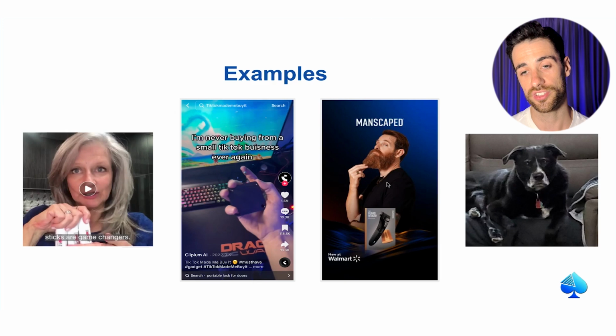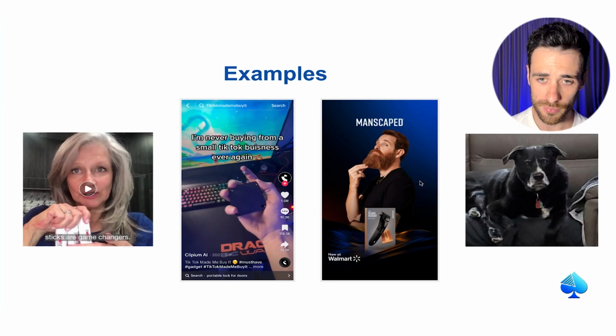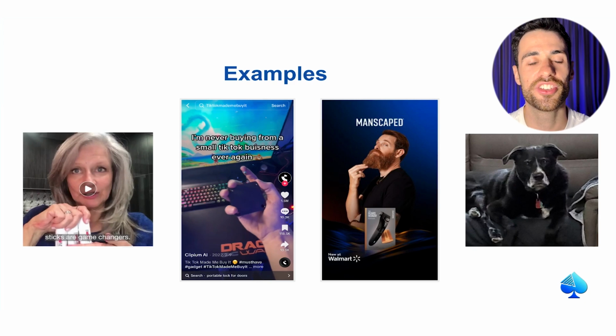This third one, here you can see the demographic of the guy. For a shaver, he is late 30s, early 40s, big bushy beard. Now, of course, this is going to appeal to other people who don't have a big bushy beard as well, but it's just exaggerating the demographic. This is not going to be served to women. The algorithm is going to know this is for men.